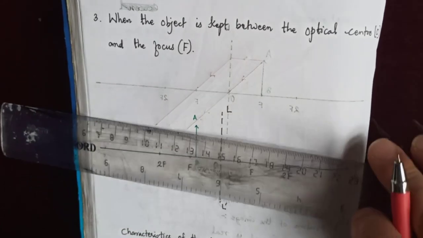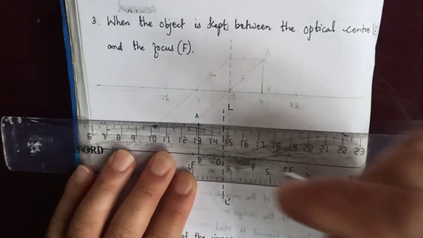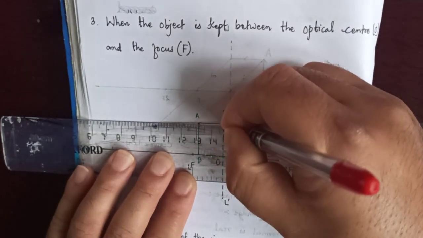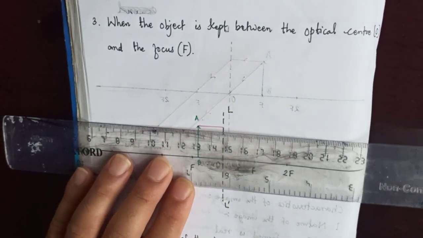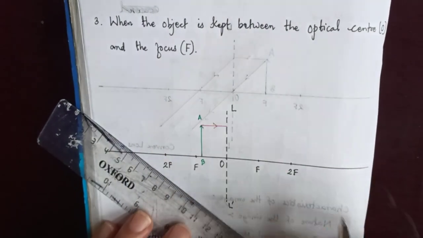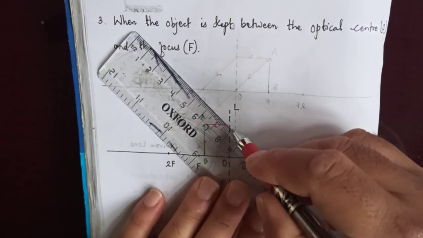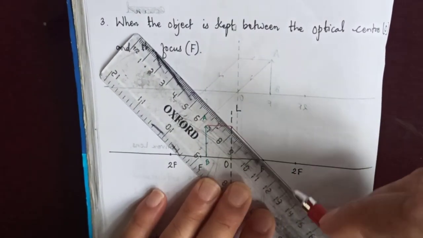From the tip of the object, we take one ray of light parallel to the principal axis. As it is a convex lens, this incident ray after refraction will pass to the second focus of the convex lens. It goes like this.